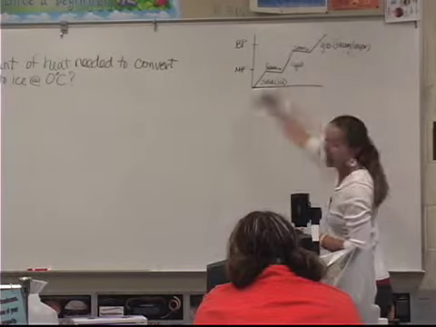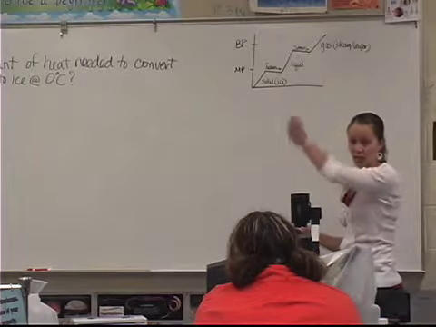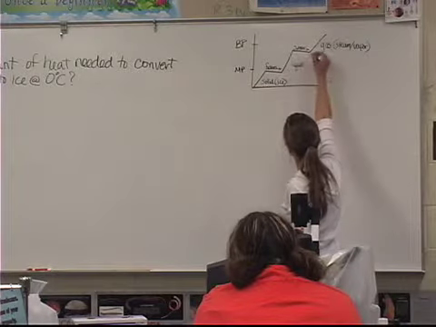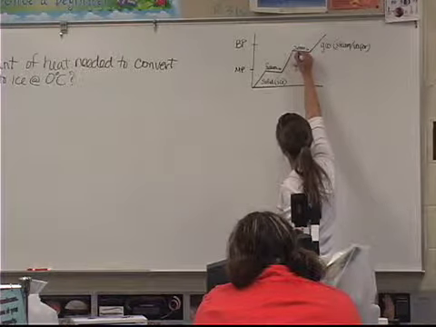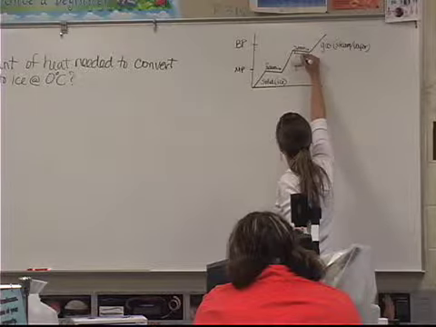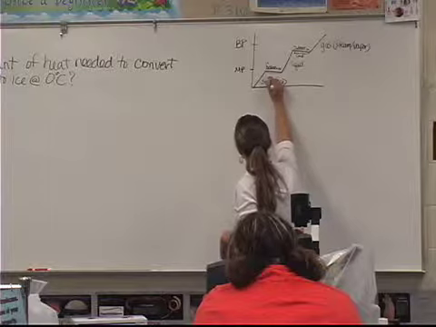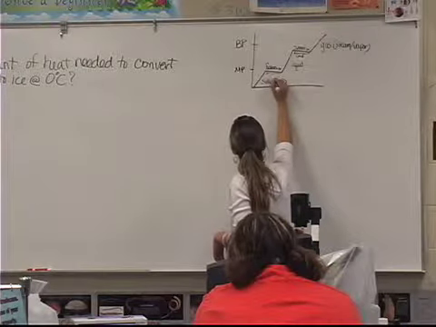Or you can also go down this. Some people get confused about that. They think you can only go up it. You can go down it. So if we start at gas and we're heading down to solid, between the gas and liquid state is the heat of condensation, and from the liquid to the solid state is the heat of solidification.